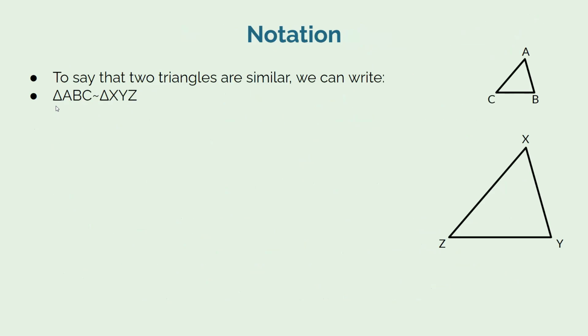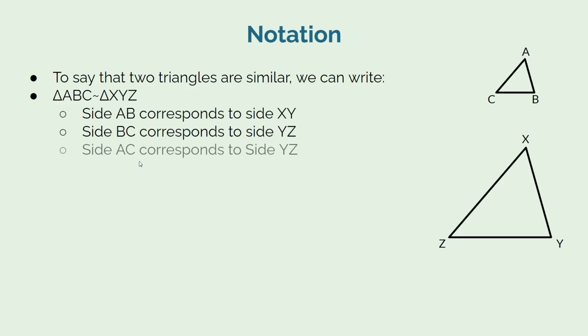So we have triangle ABC and triangle XYZ. To say that both of these triangles are similar, we use the curve. Since triangle ABC and triangle XYZ are similar, we know that AB corresponds to XY, BC corresponds to YZ, and AC corresponds to side XZ. We also know that all of the corresponding angles of both of these triangles are the same. Also note that the order you write these letters matters.